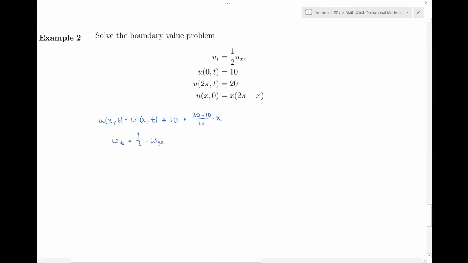The boundary conditions for w will be 0. But the initial condition for w would be x times 2 pi minus x minus the function I just added to u.